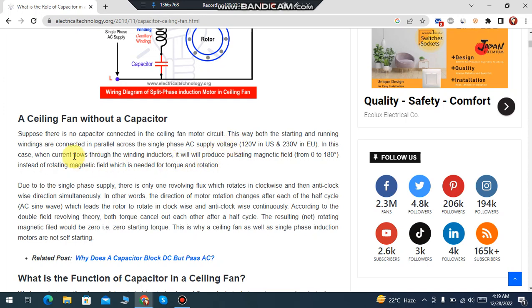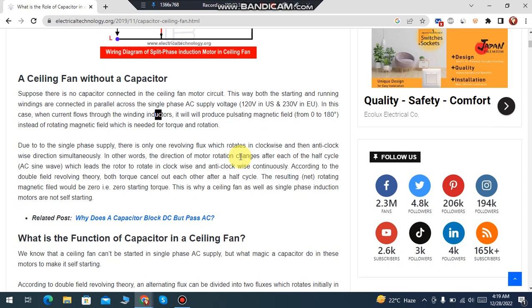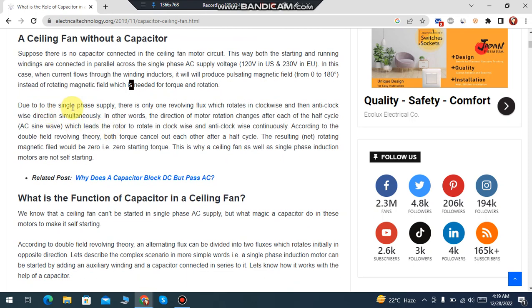In this case, when current flows through the winding inductors, it will produce a pulsating magnetic field from 0 to 180 degrees, instead of the rotating magnetic field which is needed for torque and rotation. Due to the single phase supply there is only one alternating flux, which rotates in clockwise and then anti-clockwise direction simultaneously.